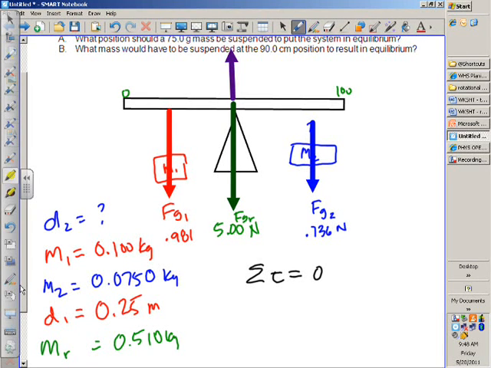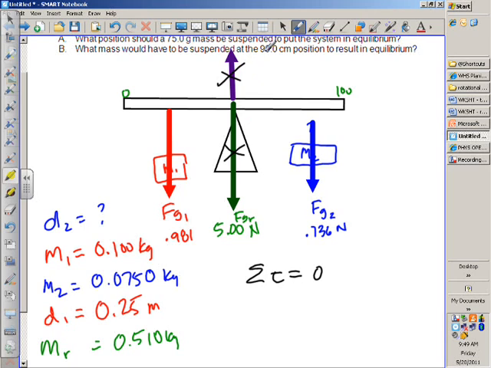Actually, we have 2. Well, actually, we have 4, right? But 2 of them don't count. Which 2 don't count? The normal force and the green and purple. Why don't green and purple count? Because they act through the center of rotation.